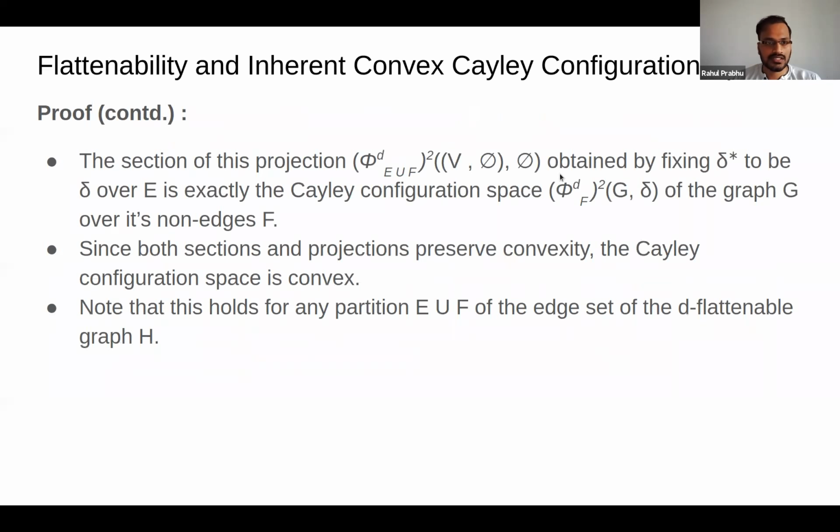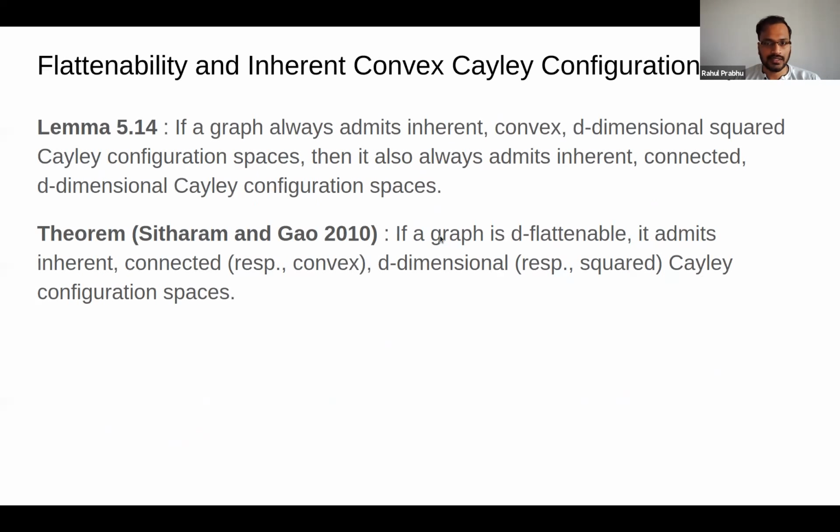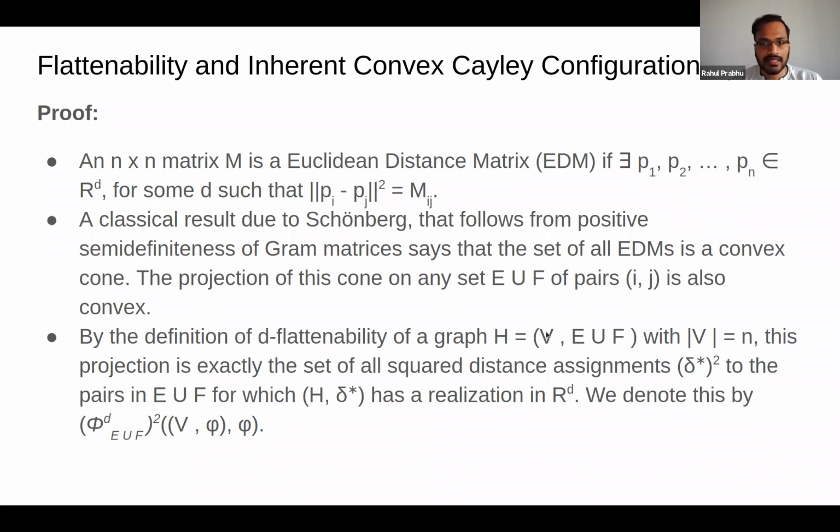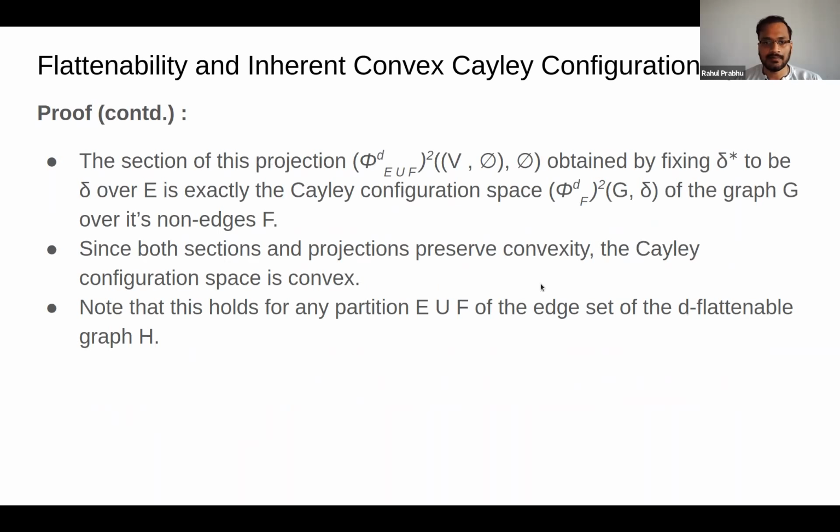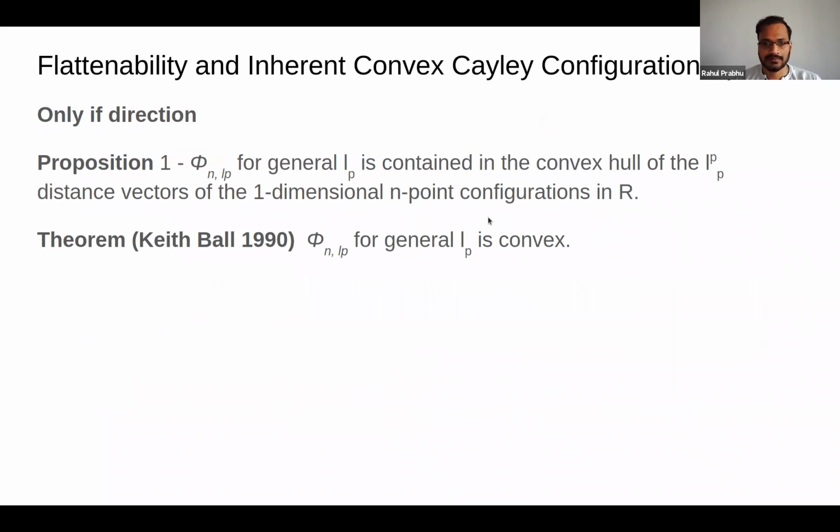If you notice, the previous proof that went from a graph being deflattenable to it admitting inherent connected Cayley configuration space only relied on the fact that the cone was convex.